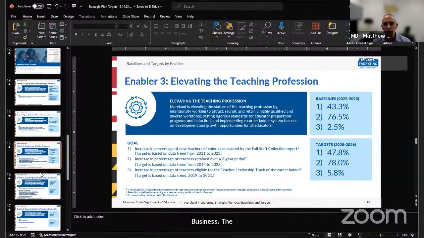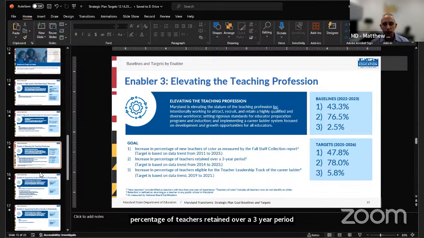Enabler 3 is around the teaching profession. We have 3 goals. The first is to increase the percentage of new teachers of color. For that, you see the baseline last year was 43.3%. We project a target of 47.8%, and that's based on the data trend going back to 2011. The second goal is to increase the percentage of teachers retained over a 3-year period.